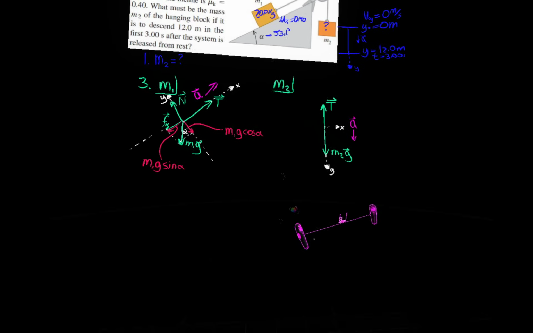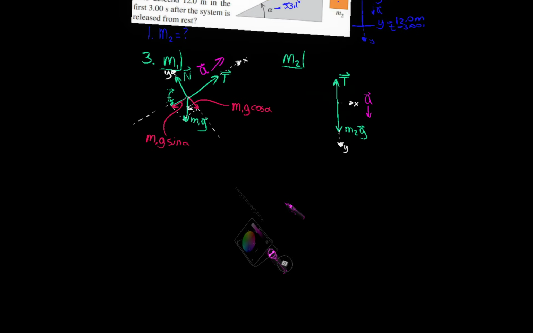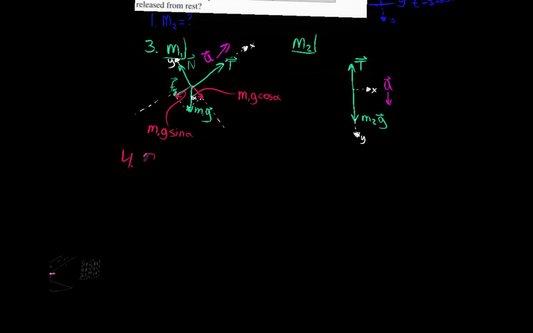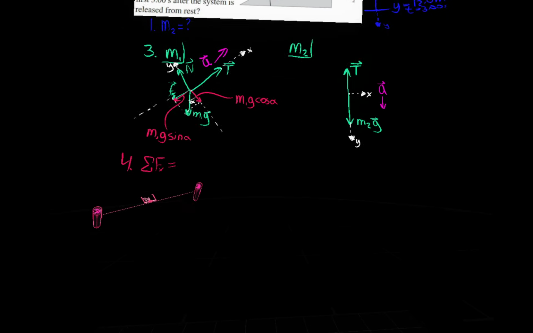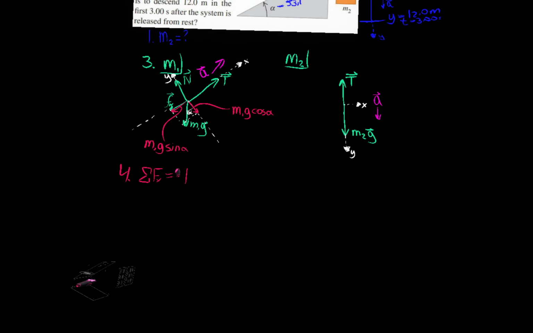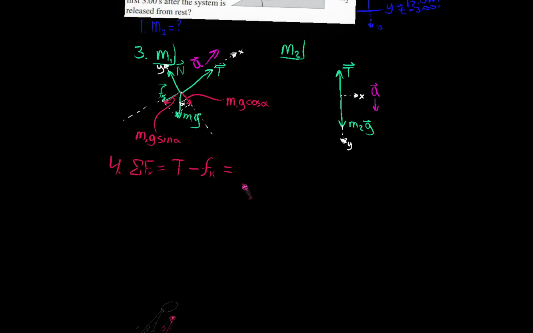So now, let's find our equations. Step 4: find our equations. So the sum of the forces in the x is equal to T minus f sub k, and there is an acceleration in that direction.